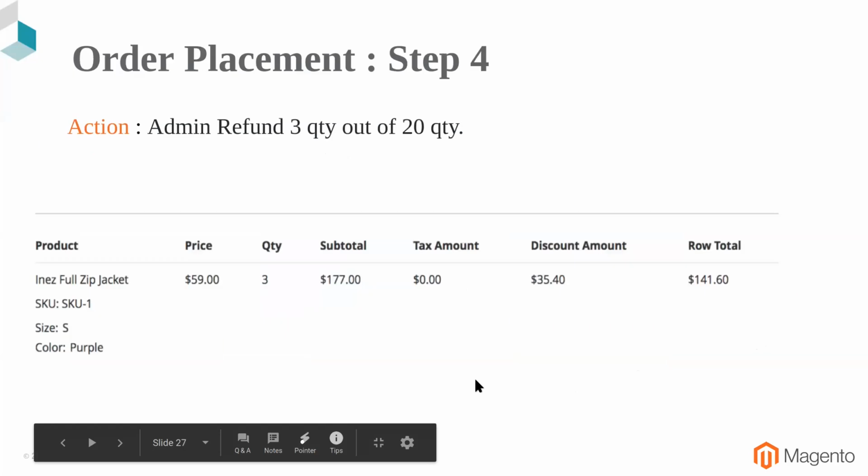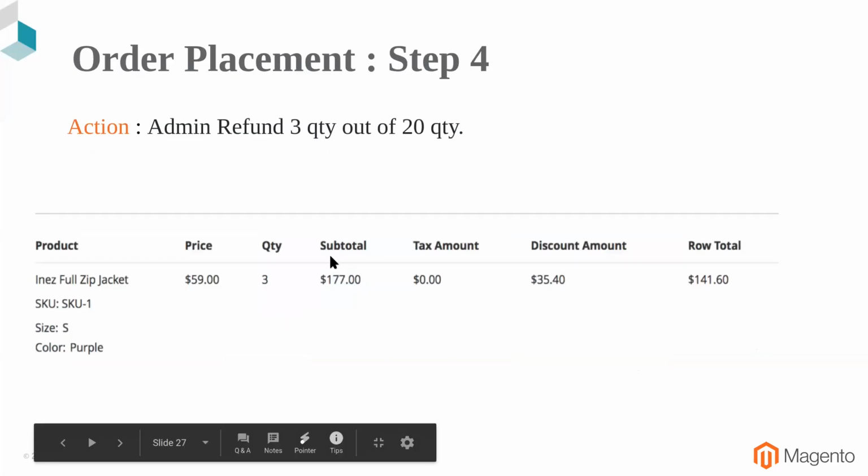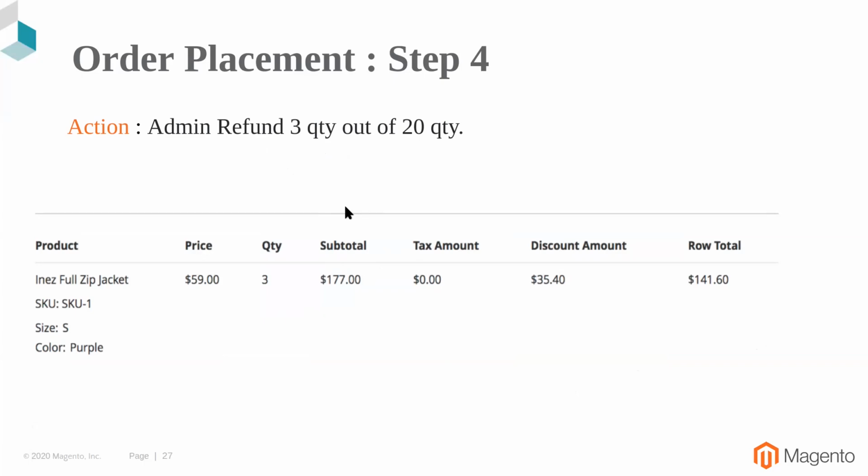Now the admin processes the previous customer's order. Before processing the order, if the customer calls the admin and requests cancellation of 3 quantity because he doesn't want that, what can the admin do? He can create an invoice and generate a credit memo for it, or he can do a partial cancellation using some third-party module.